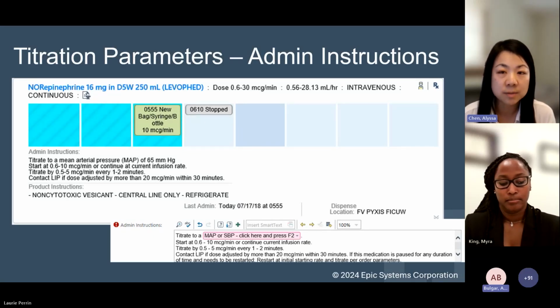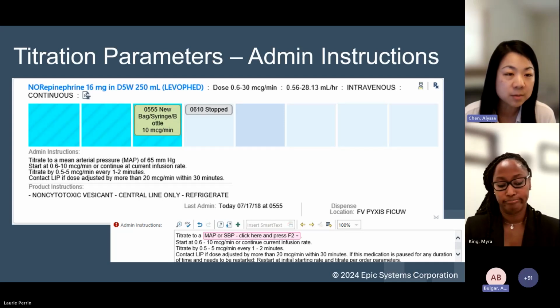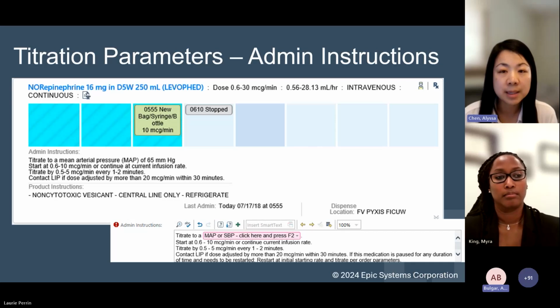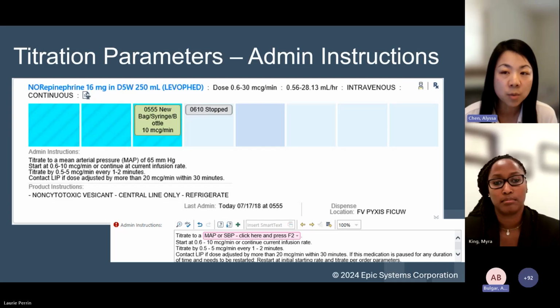The dose for adjustments, the 0.5 to 5 mics per minute, and the frequency, which is every 1 to 2 minutes, as well as the max dose and rate of infusion and objective clinical endpoint, which are still included here. The second piece of this screenshot at the bottom right shows how the content displays to the provider when they're entering the order, as well as some additional restart parameters that we added with another round of updates in 2019. If you can move to the next slide.